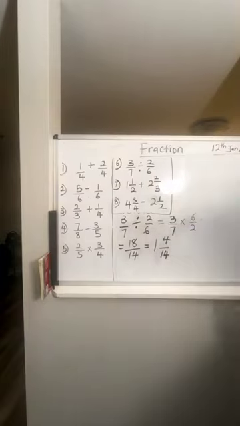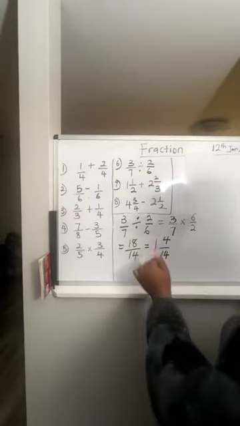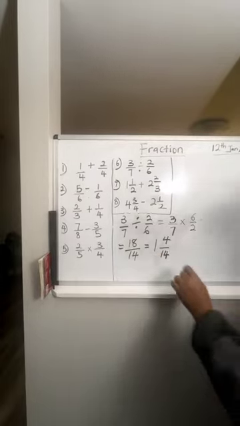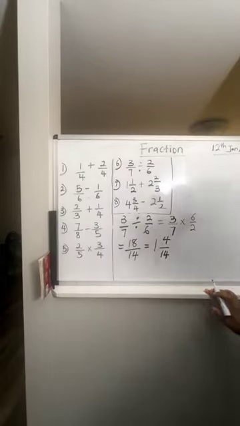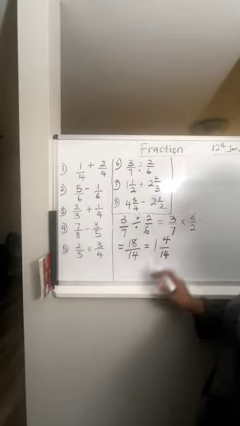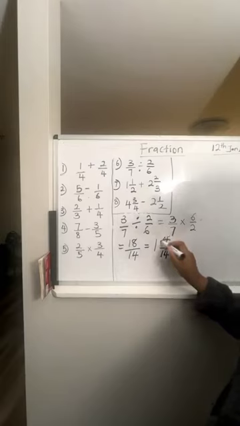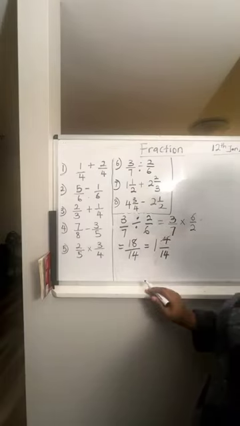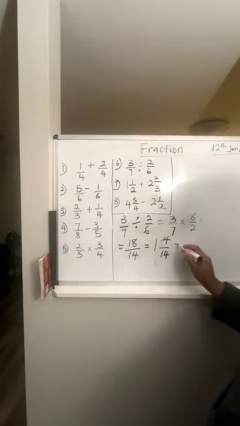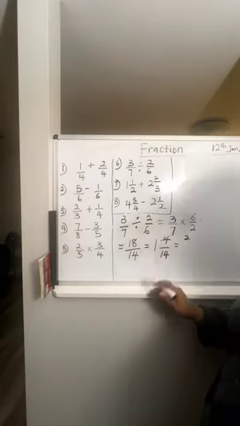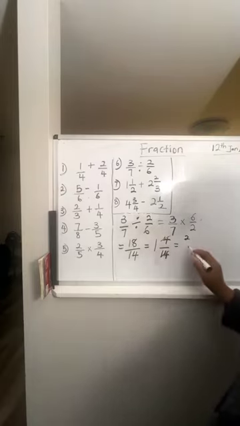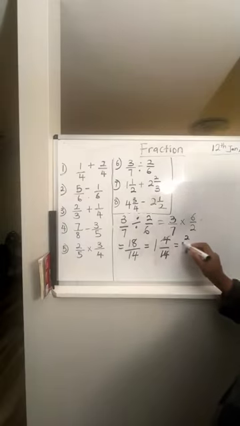How do you check if this is right? This is not right because we have to simplify again. 2 in 4 gives us 2, 2 in 14 will give us 7.